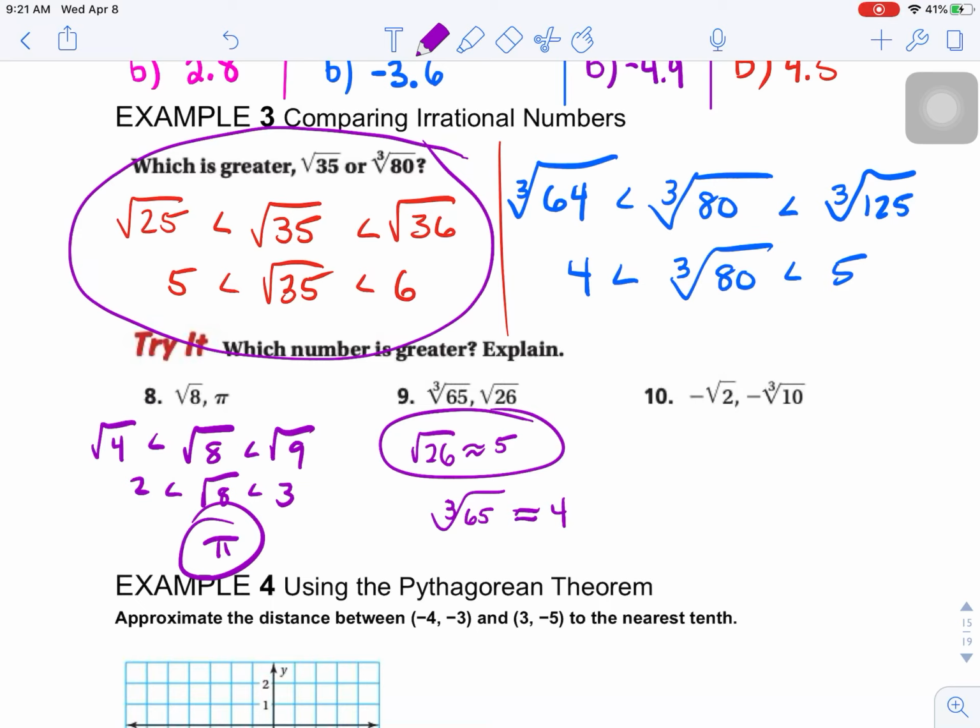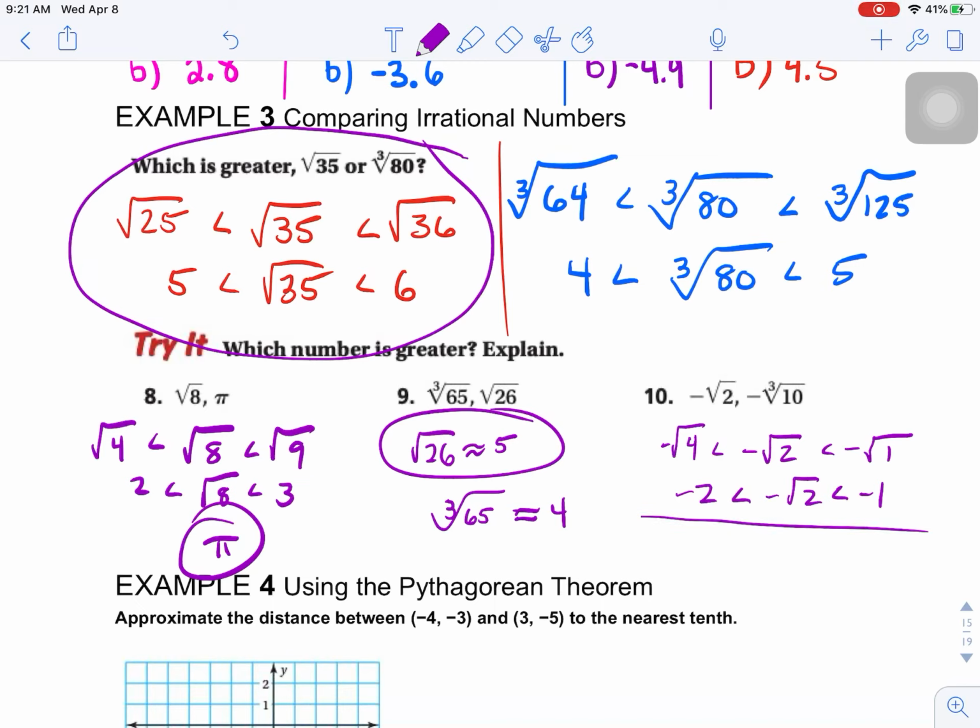All right, and then last one here, the negative square root of 2 is going to be between negative 2 and negative 1.